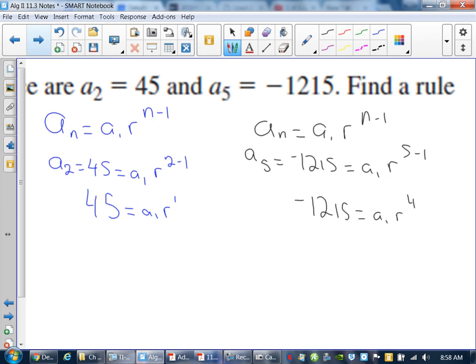Now you just want to make a decision. Which one do you want to isolate? I'll give you a hint. In the 45 one, which one doesn't have an exponent? I'm talking variables. The first term.